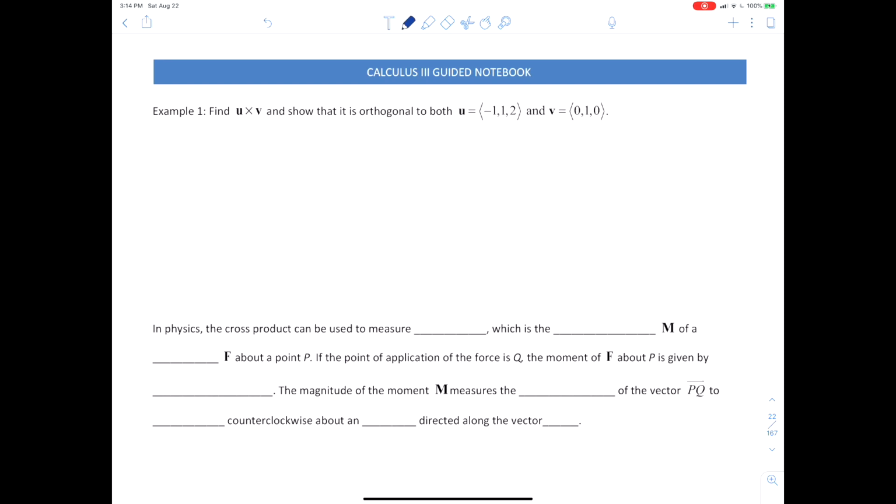Remember our cross product, U cross V, is equal to U2 V3 minus U3 V2 I, minus U1 V3 minus U3 V1 times J, and then plus U1 V2 minus U2 V1 times K.